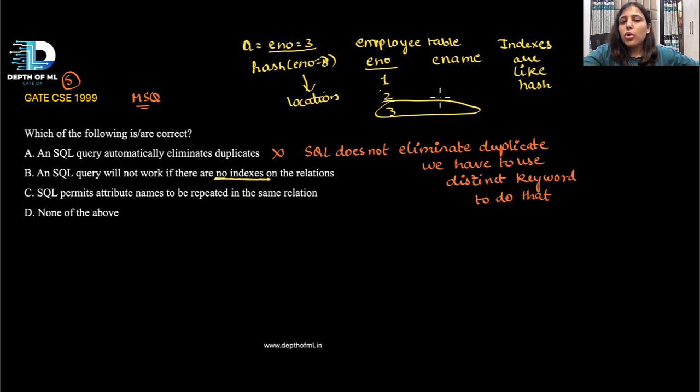Okay, so the question is saying SQL query will not work if there are no indexes. Let me tell you that this is false. Even if you don't have indexes, SQL queries work fine. You don't always have to add indexes. Your query will just run slower, because when you create indexes on your attributes, you get very quick access. But if you don't have indexes, it doesn't mean that your query will not run. It just means that your query will be slower.